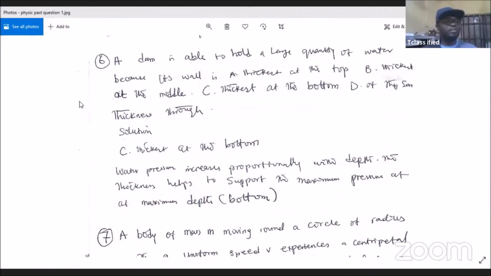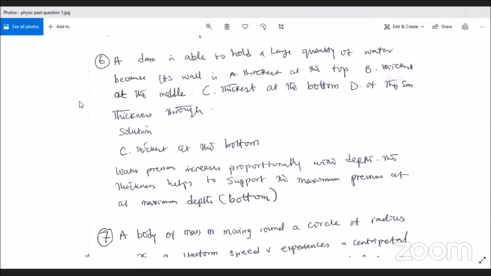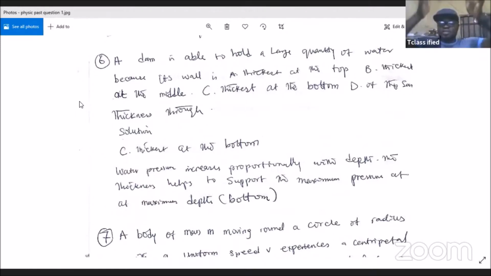If you make it the same thickness throughout, at the area of maximum pressure, the dam would not be able to hold it. But if you make the whole dam very thick, then you'll be wasting a lot of materials. You understand? So the optimum design is for the thickness to be maximum at the bottom.